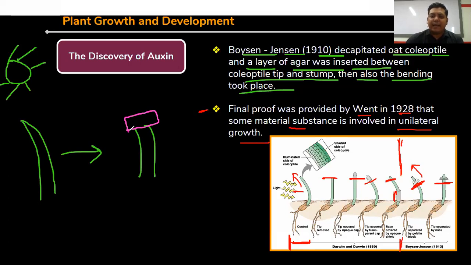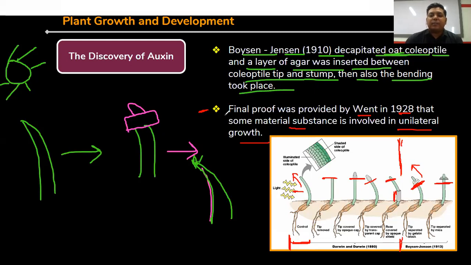Agar is produced from algae. So this agar is placed on the surface of the decapitated coleoptile. Clear? Then what happened after decapitating the coleoptile and placing the agar? They found that the bending of the coleoptile still took place. Clear? And they did this experiment on the oat plant, or oat grass.